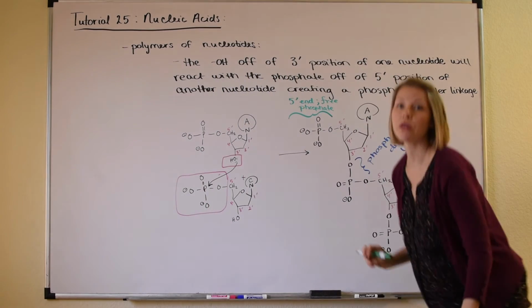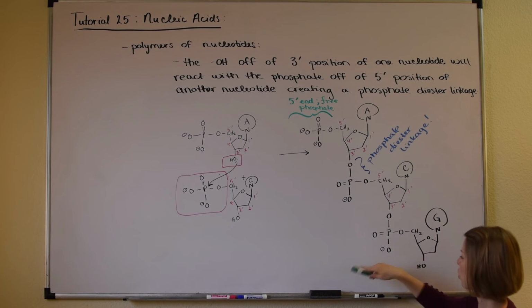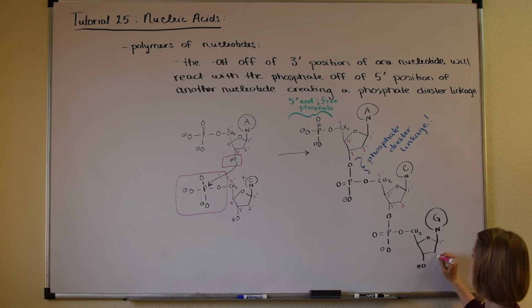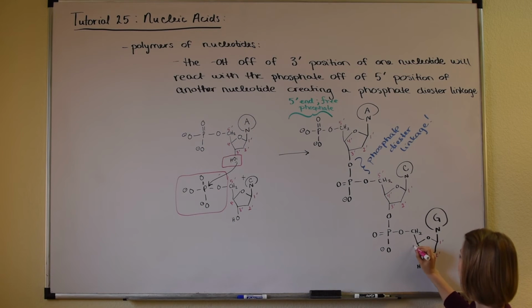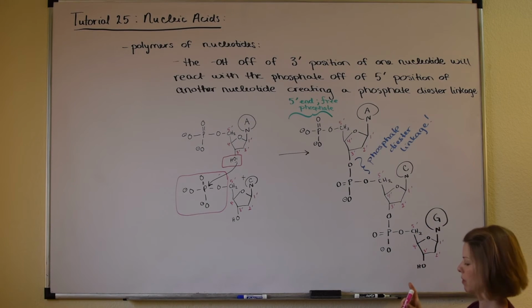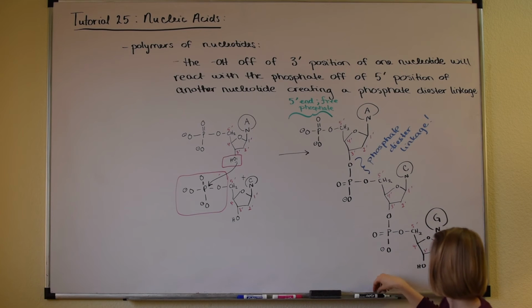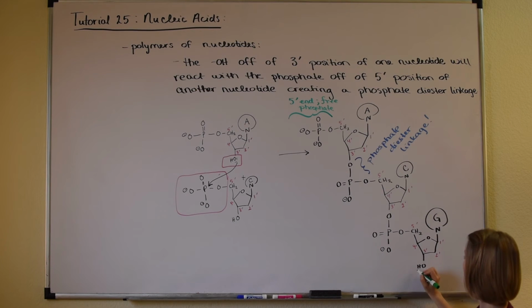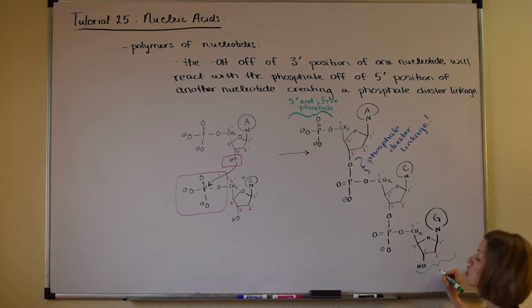The end with the free OH at the 3' position. In fact, let me label these real quick. 3', 4', and 5'. Okay. This is known as our 3' end.